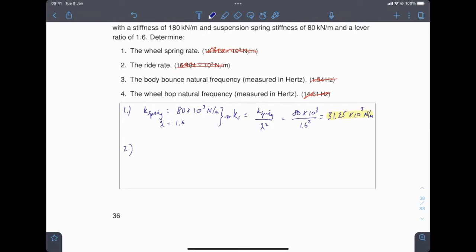So the ride rate, Kr, this is where we do Ks Kt divided by Ks plus Kt. We've got 31.25 times 10 to the 3, times 180 times 10 to the 3, divided by 180 times 10 to the 3 plus 31.25 times 10 to the 3.